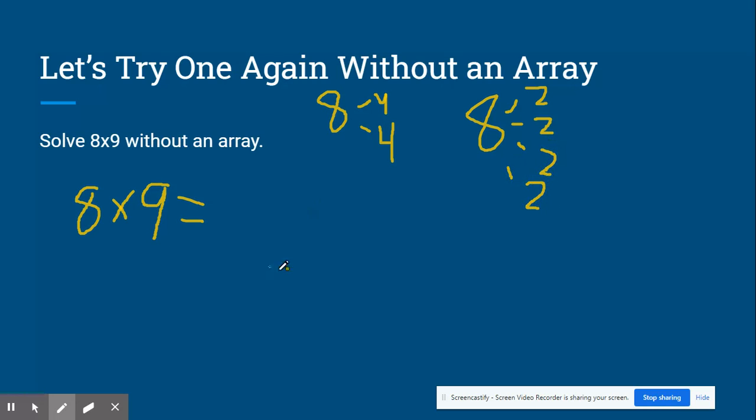So I'm going to give you, let's do 90 seconds again to answer this equation, 8 times 9. Remember, we are breaking apart the 8. We are not touching the 9. You may begin.